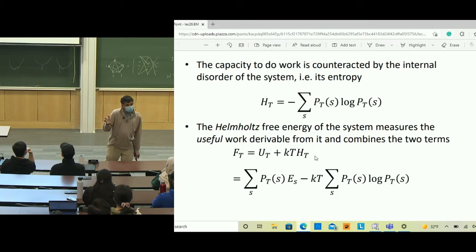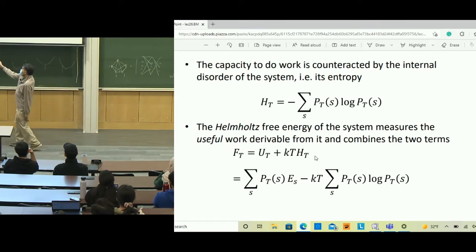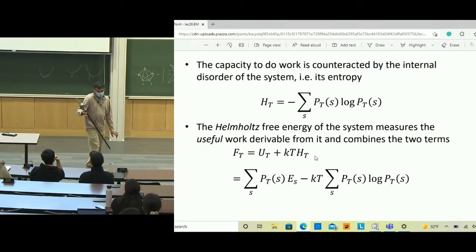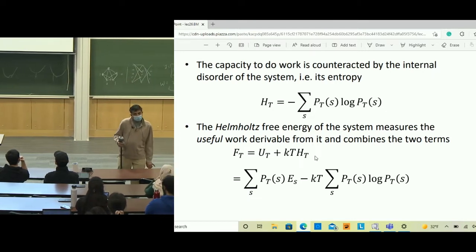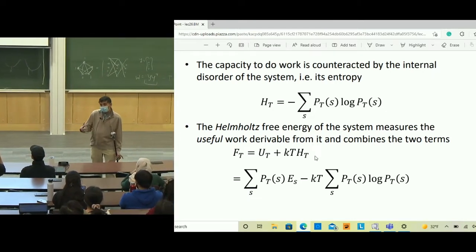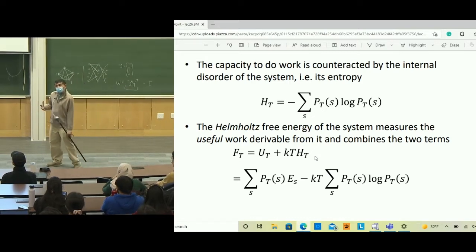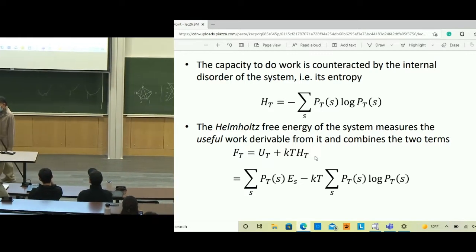So summation P times E is the expected potential energy of the state, right? And this guy here is how much you give up: minus kT times the entropy. That's where the Boltzmann constant comes in. The Boltzmann constant tells you how much the entropy has to be scaled by to tell you how much it influences the amount of work that the system can do.